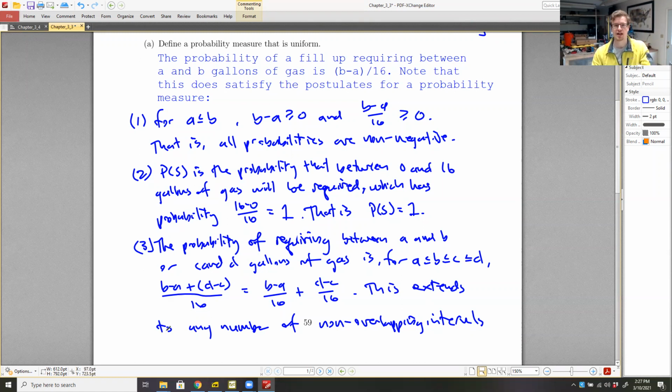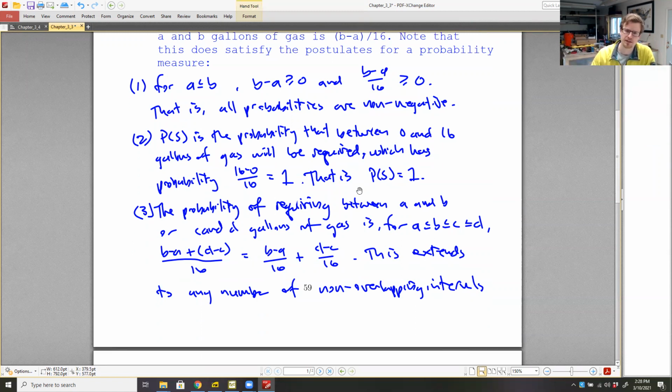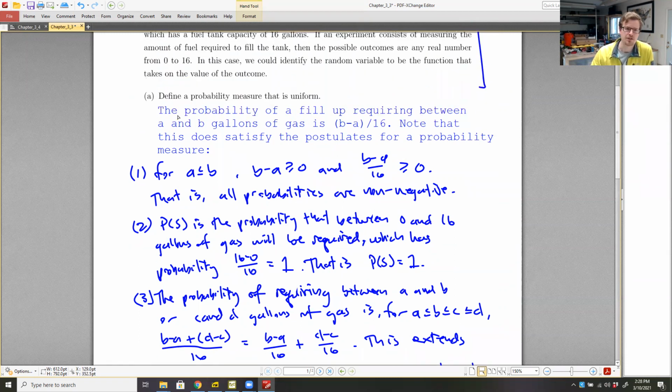So the 3 postulates are satisfied, and we have what we can call a uniform probability measure. And the reason that we call it uniform is because if I were to consider an interval of 1 gallon of gas, between 0 and 1, and compare that to the interval from 10 to 11, those 2 intervals are going to have the same probability. So it's the same probability everywhere that we're looking at. Hence uniform.